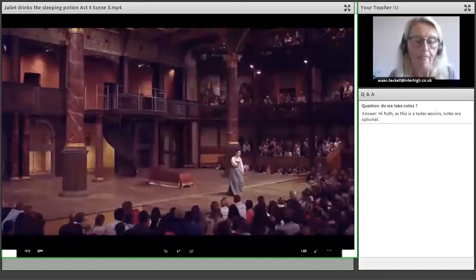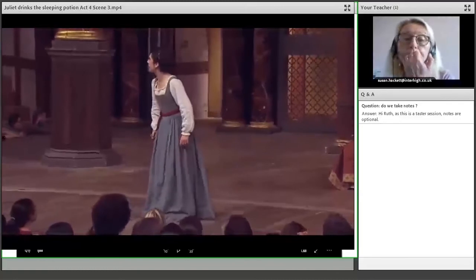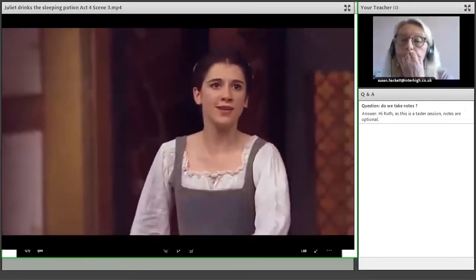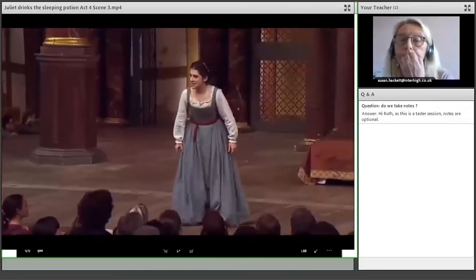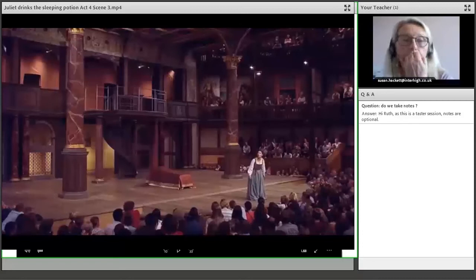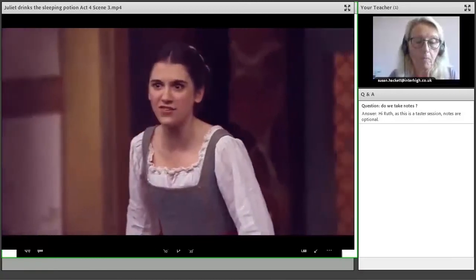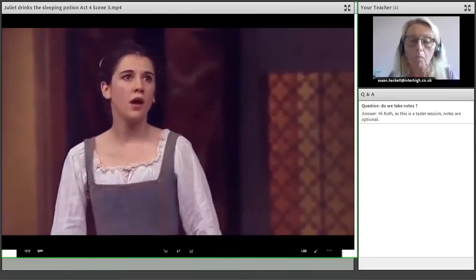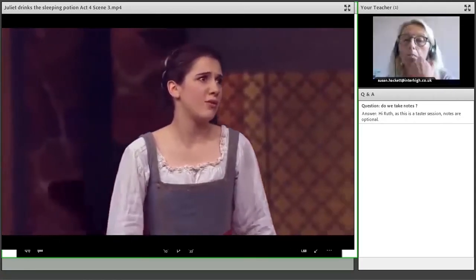Or if I live, is it not very like the horrible conceit of death and night, together with the terror of the place? As in a vault, an ancient receptacle, where, for these many hundred years, the bones of all my buried ancestors are packed, where bloody Tybalt, yet but green in earth, lies festering in his shroud, where, as they say, at some hours in the night, spirits resort.